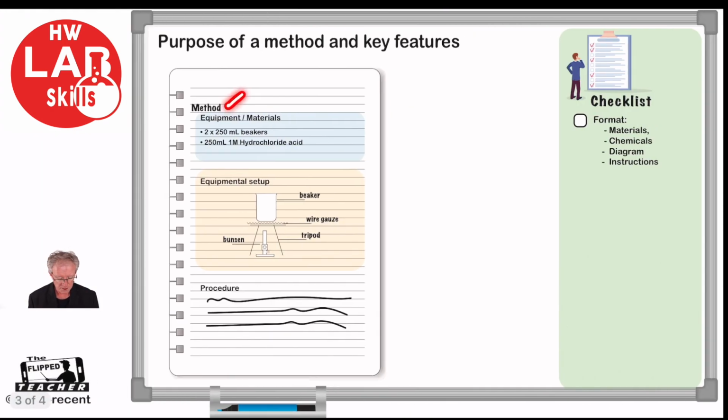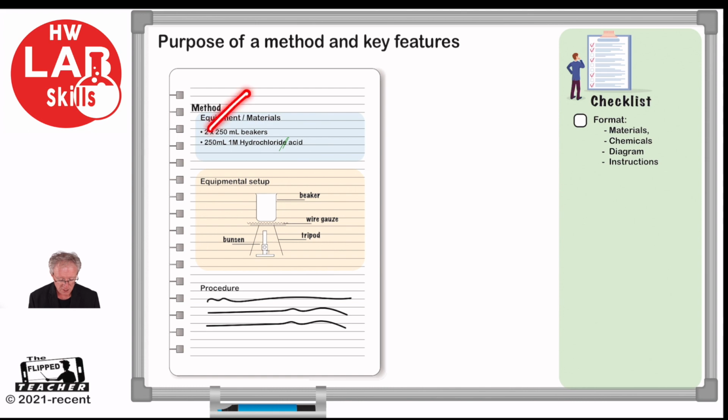Well, in our method, our first part of our method is equipment and materials. Now, I haven't just called it equipment because I'm also telling you to get some acid here as well, right? And of course, I've just noticed a typo there. It should be hydrochloric acid, right? Not hydrochloride acid, so make sure it's hydrochloric acid. So what I'm doing here is I'm trying to tell you exactly what you need.